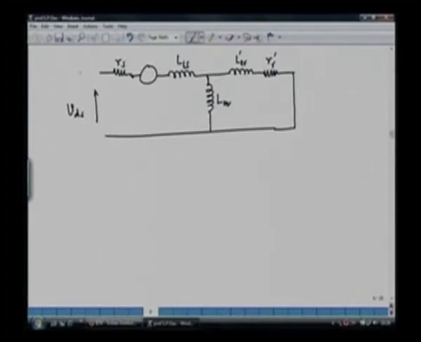In the rotor also we will have a rotationally induced EMF, and then we have a resistance in the rotor.